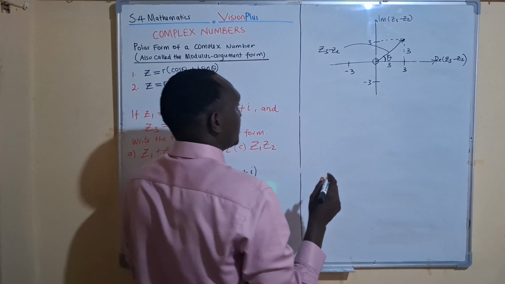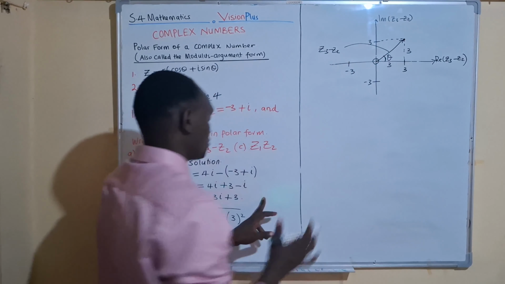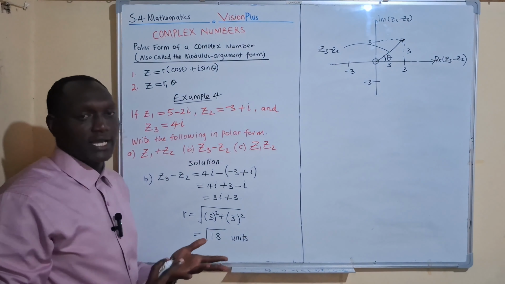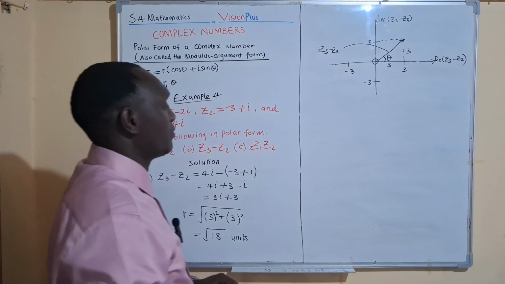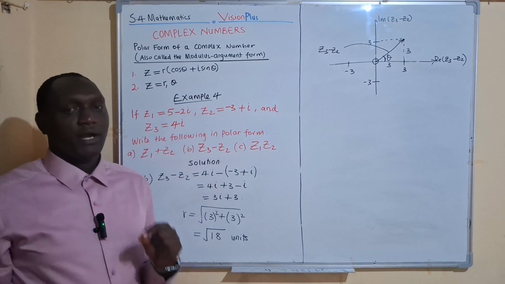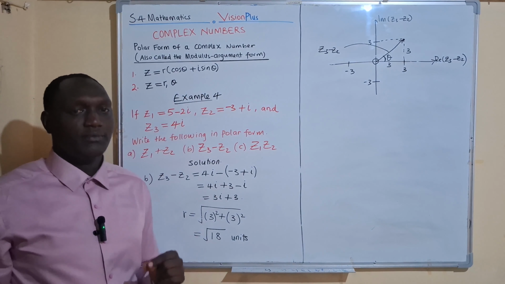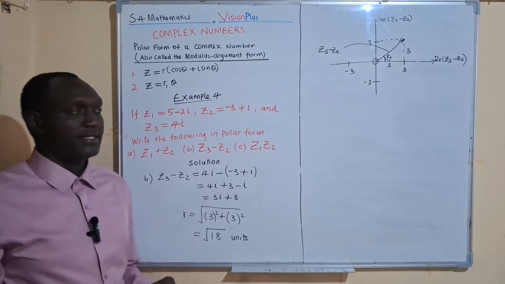So how do we find it? Since we have the magnitude of the complex number Z3 minus Z2, you can use either sine, cosine, or tan to find the angle, and they will give the same answers. Because this is the last example, I'm going to use sine, cosine and tan so that you see that it gives the same answer.